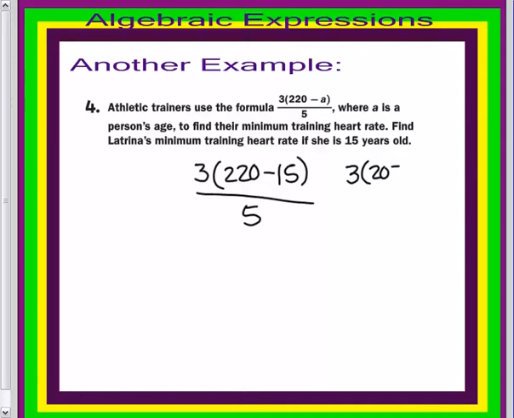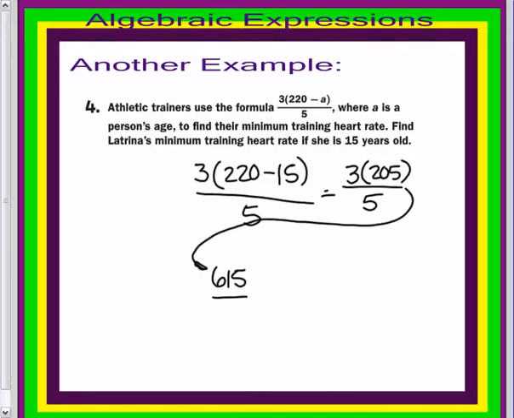So we have 3 times 205, and if we multiply that by 3, we get 615 divided by 5, which would give us 123. So 123 beats per minute.